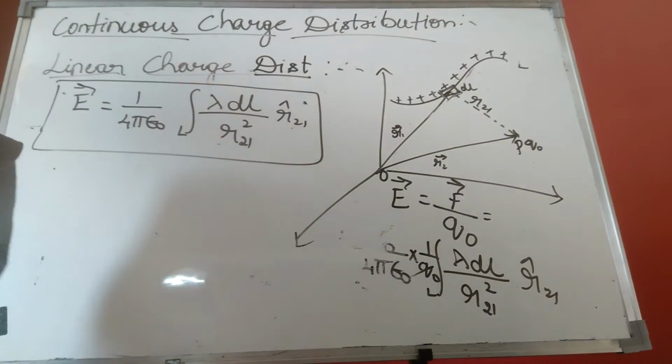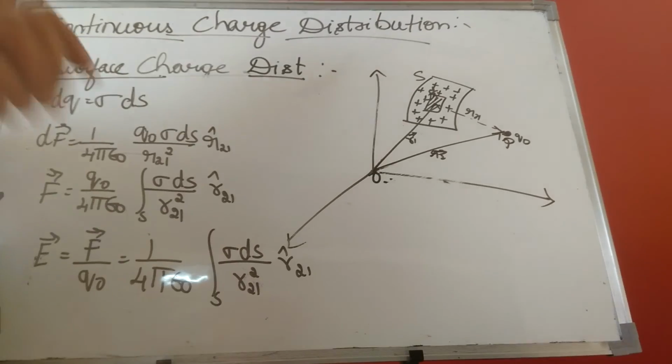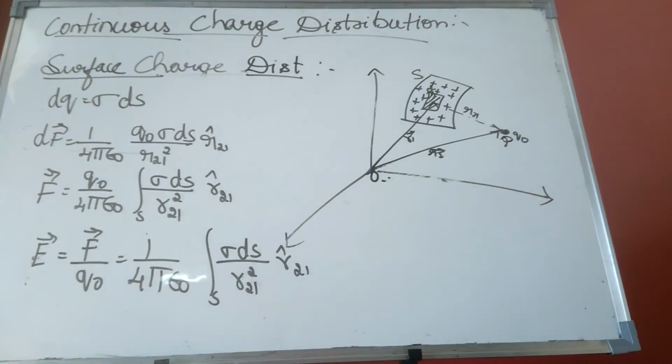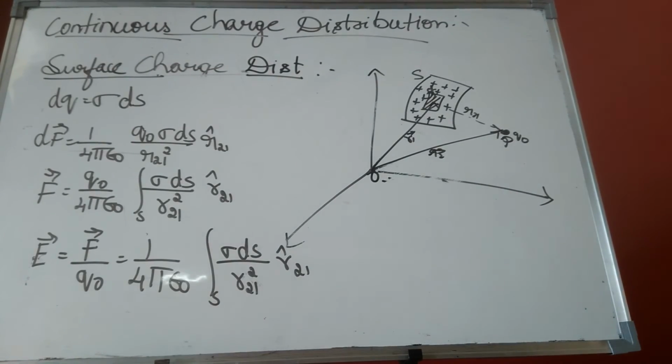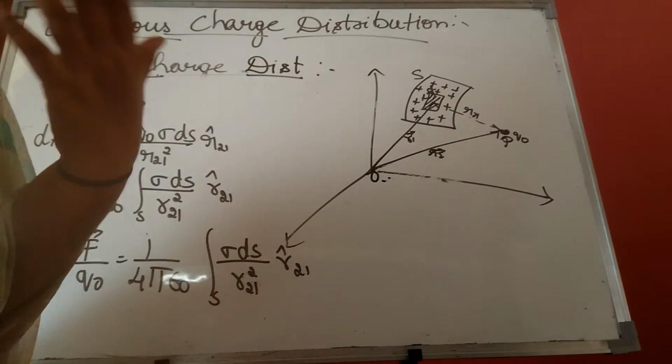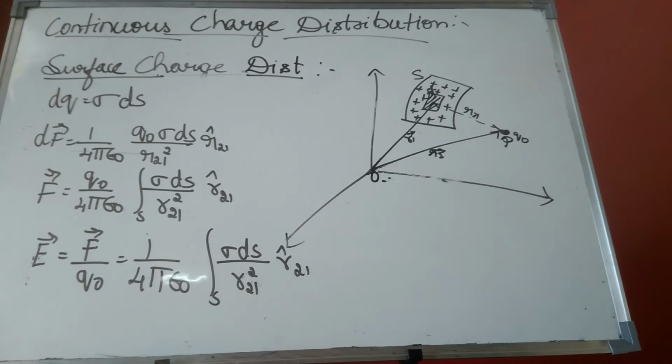Shall I, students? Yes. Now the next part is, as I said, the charge distribution might be 1-dimensional, 2-dimensional, or 3-dimensional. In the same manner, I am now going to study the charge distribution over a 2-dimensional surface.